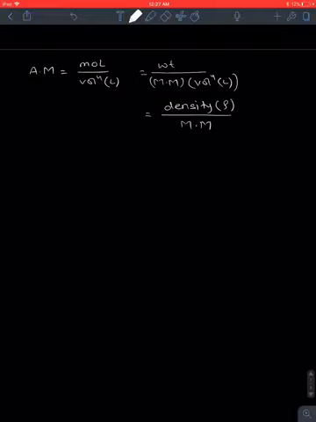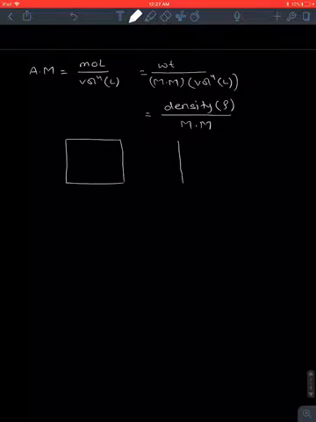So density upon molar mass is the active mass of the species. Now let's understand what will happen if I'm having solids, liquids, and gas. Suppose we're having two containers. The first one has volume V1, and the second one has volume V2, and V1 is not equal to V2.